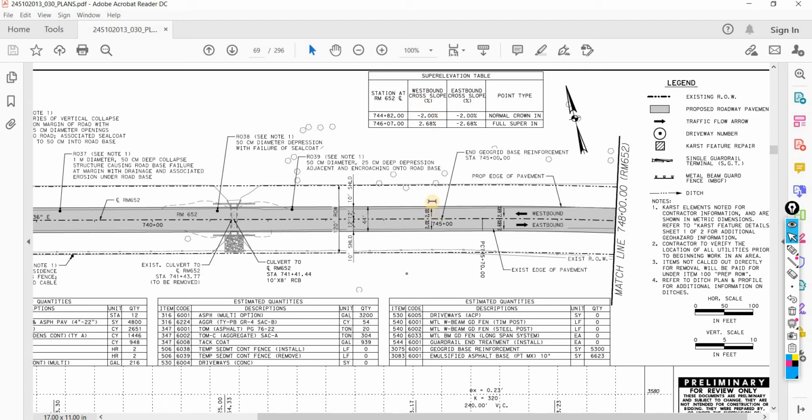That means the edge of pavement on the left side at this point is lower than the PGL, and at the end point of our super elevation transition, 746.07, we have a 2.68 positive slope here. So basically what this whole video is about is finding where the 0% cross slope is, somewhere over here.